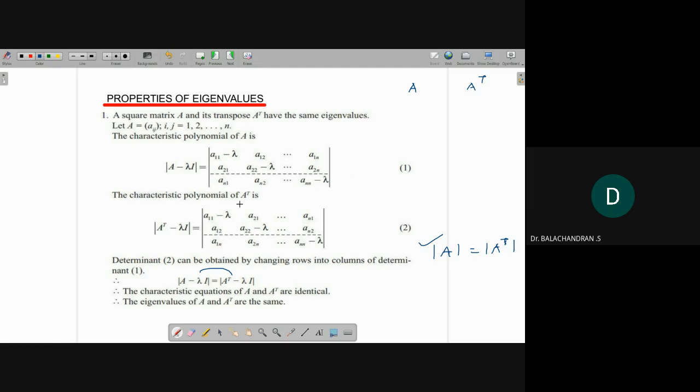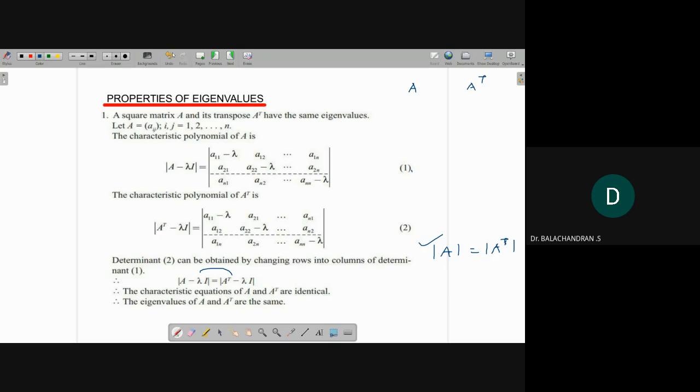The characteristic polynomial of A transpose: you just need to change the rows into columns. Suppose the first row becomes the first column: A11 minus lambda, A12, and so on. So determinant 2 can be obtained by changing rows into columns of determinant 1.